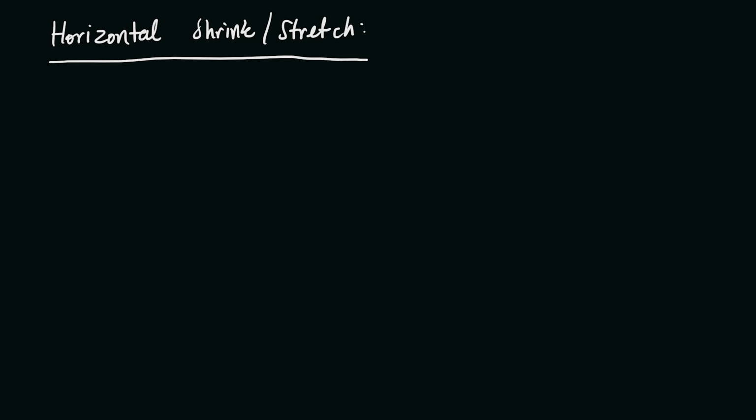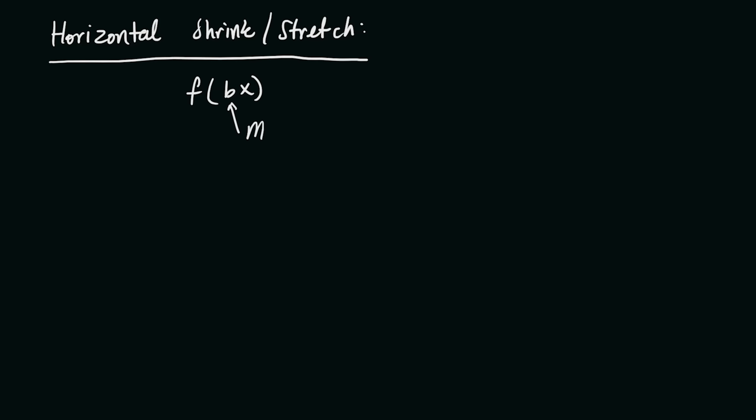Horizontal shrink slash stretch. Now, the whole point of how we're going to find this out is just by f of b of x. F of b times x, right? Now we have a factor here, right?